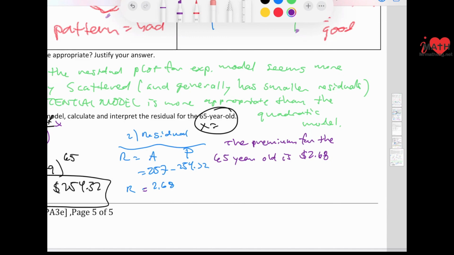It was positive, so we would say greater than, or more than, the expected or predicted, based on the exponential model with x equals age in years.